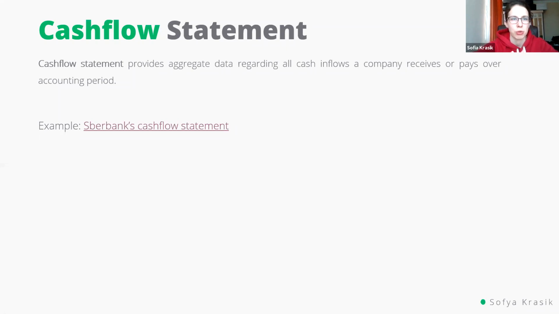Why do we need a cash flow statement if we already have an income statement? So we already know what income we made. Why do we care about how many cash flows came to our company? So how is it different? The spoiler is, it is different. The question is why.